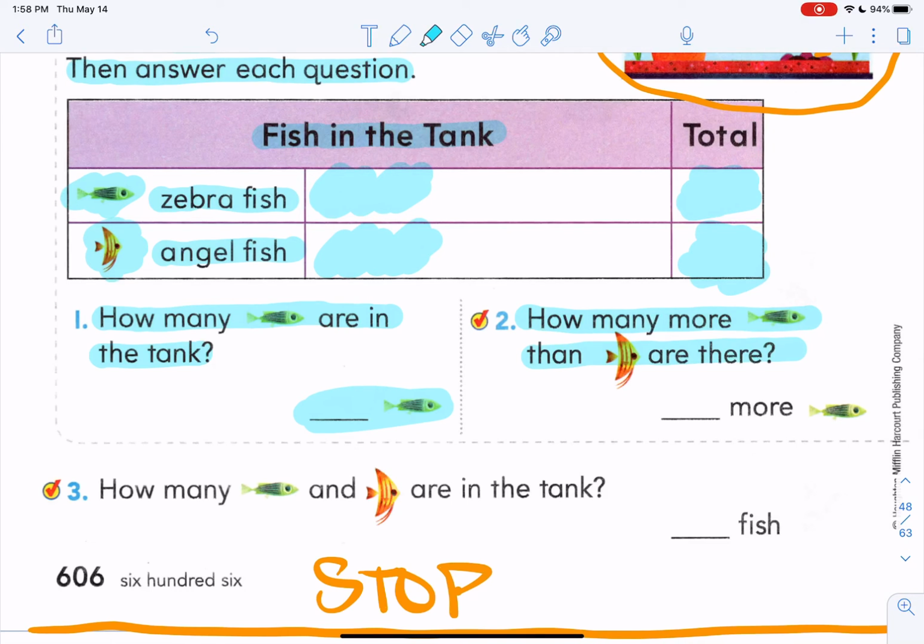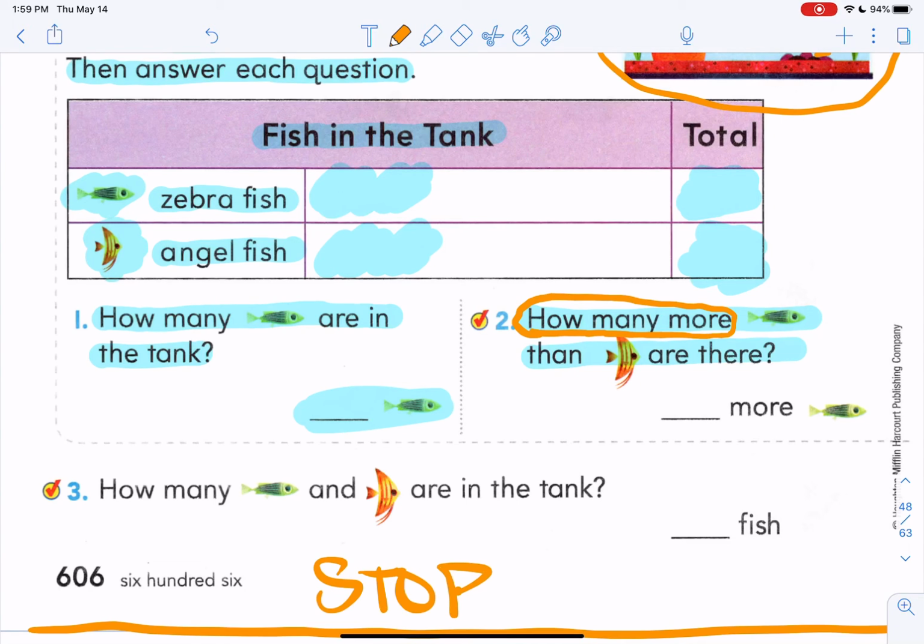Now that one's tricky because we've got some signal words. How many more? That means we want the difference. You're going to have to subtract the angelfish and the zebrafish, and you're going to have to put the larger number first. Ooh, that's tricky.